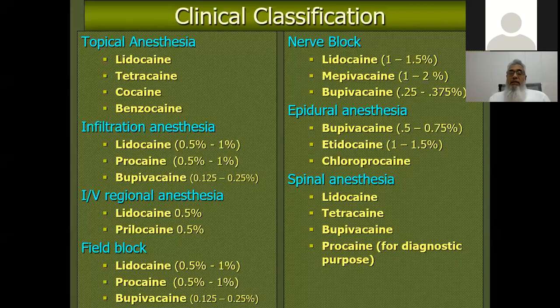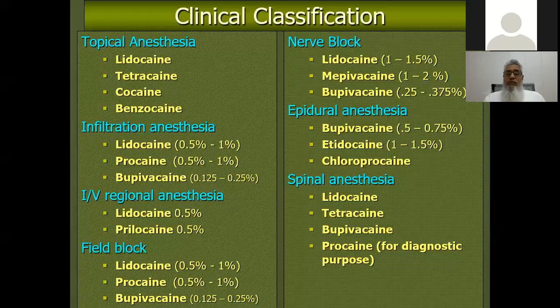And the last is spinal anesthesia, very commonly used nowadays. In spinal anesthesia, you can have laparotomies, lower abdominal surgeries, perineal surgeries, and lower limb surgeries like amputations, and all sorts of orthopedic surgeries can be performed under spinal anesthesia.